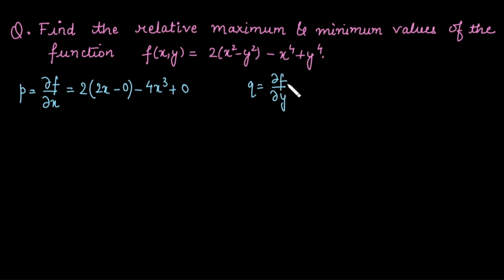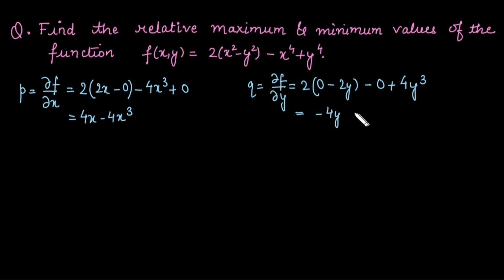Similarly, calculate the derivative of the function with respect to y, that is twice 0 minus twice y minus its derivative with respect to y is 0 plus 4 times y cubed. Simplify this: 4x minus 4x cubed, minus 4y plus 4y cubed.